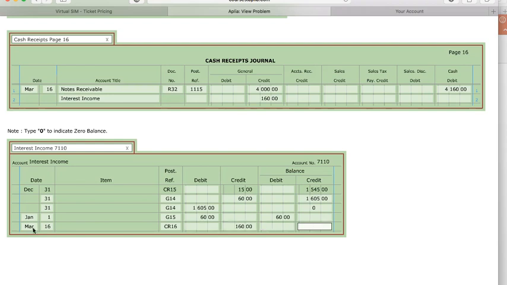And you'll notice 160 minus 60, we're going to have 100 there. So interest income for this year is 100. And interest income for last year was $60. Your interest income for the year prior, November 16th through December 31st, at the end of the year, you're showing that interest as an asset.